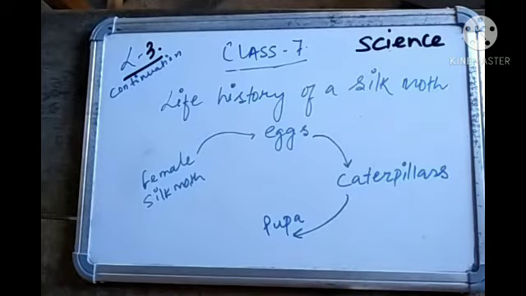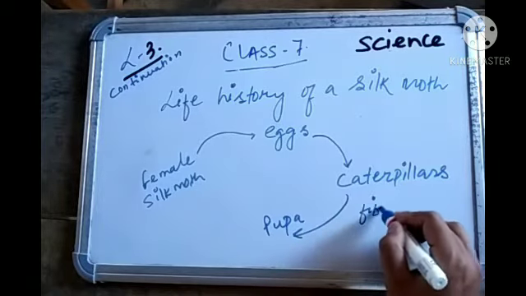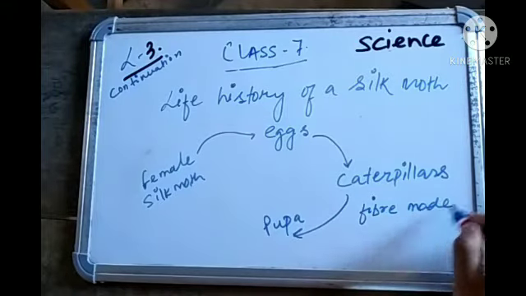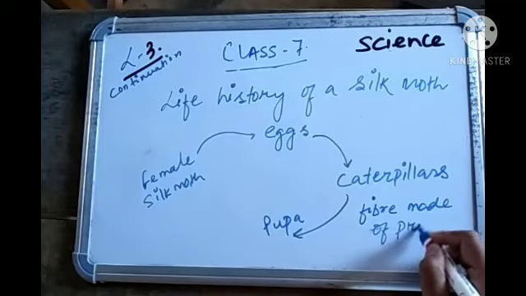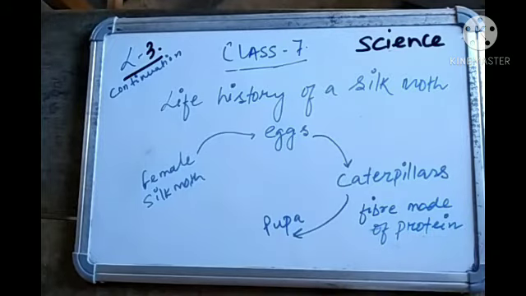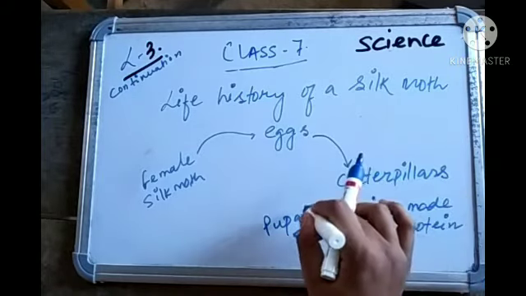The caterpillar secretes fiber made of protein. It completely covers itself.